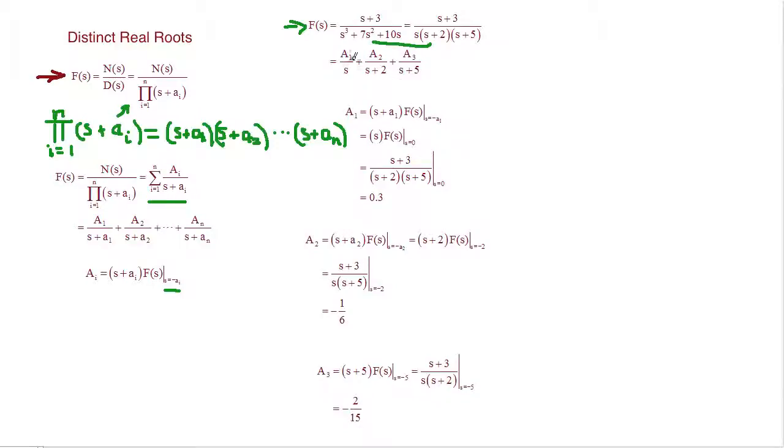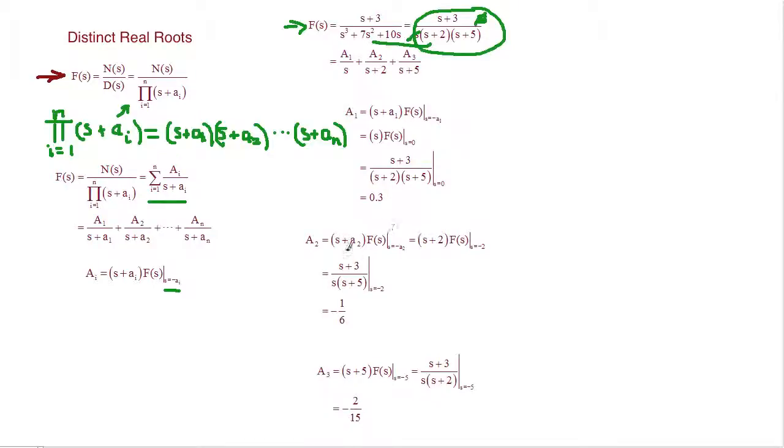Multiplying the whole thing by s, the s's cancel and leave you with s plus 3 divided by s plus 2 times s plus 5. We evaluate that at s equals 0 and get 3 divided by 10, or 0.3.